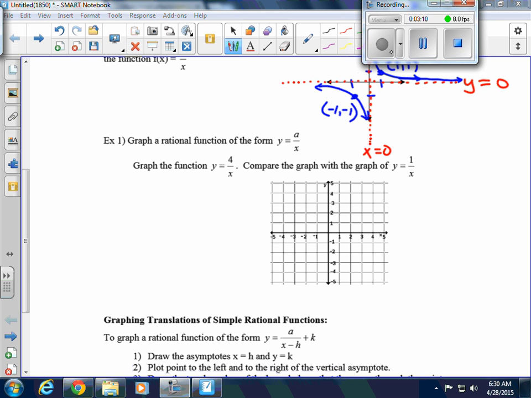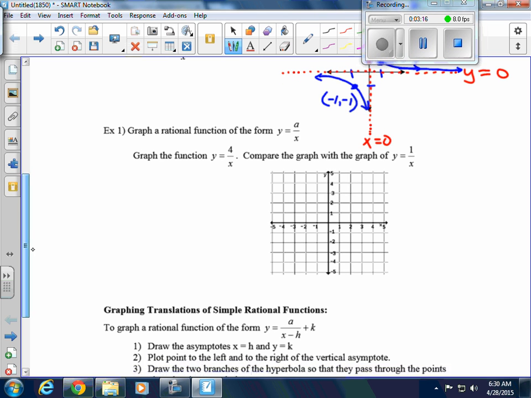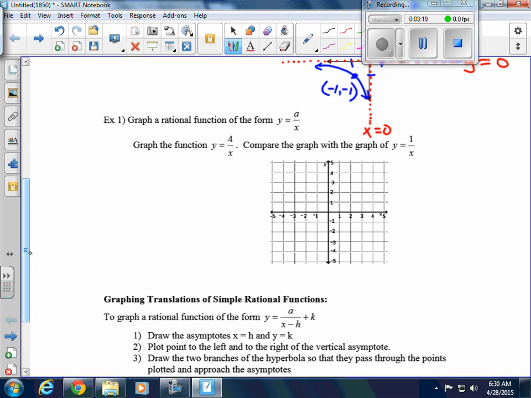We are going to graph this rational function, and then compare it with the hyperbola of the parent function. If it is in the form y equals 4 over x, we automatically know that we're going to have a horizontal asymptote at 0 and a vertical asymptote at 0.